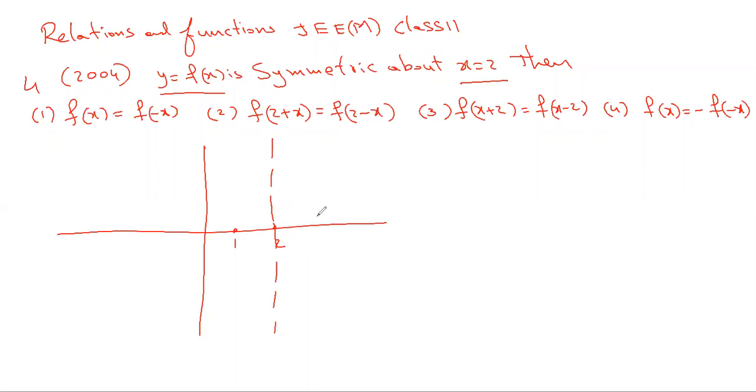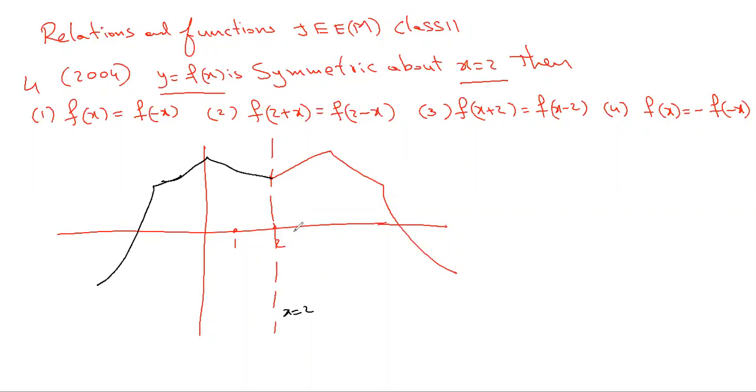Graph is symmetric about the line x is equal to 2 means, suppose on the right side of the function the graph is like this, the left side also the graph will be like this only. This is the meaning of symmetric about the line x is equal to 2.